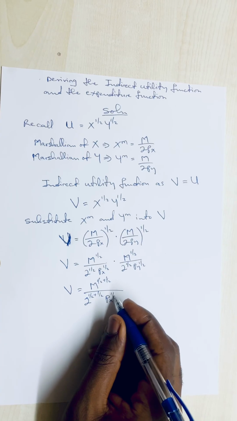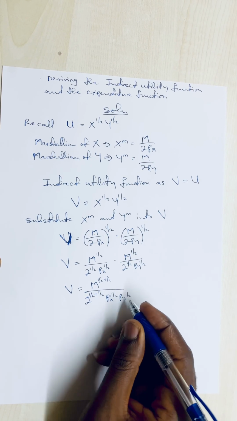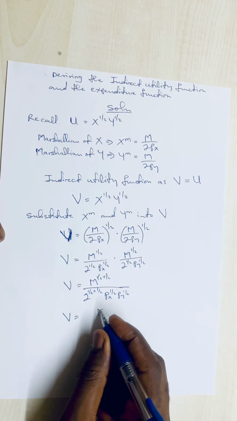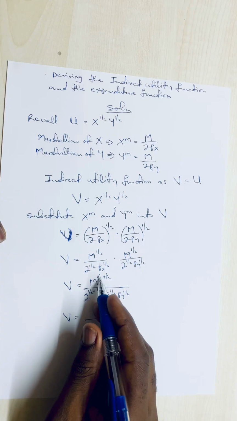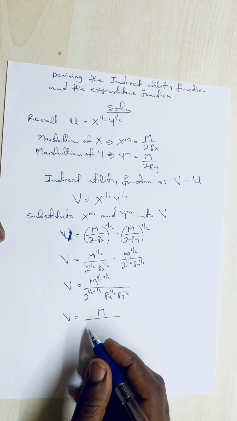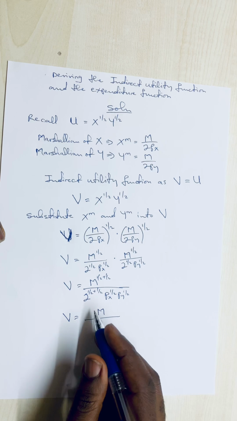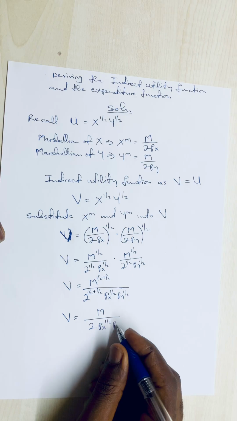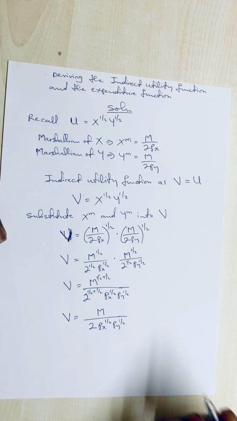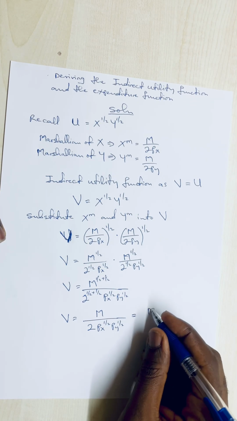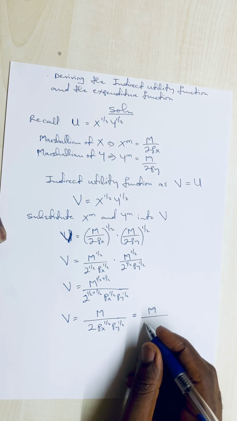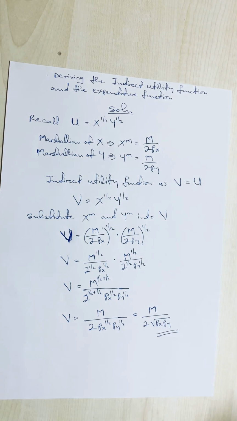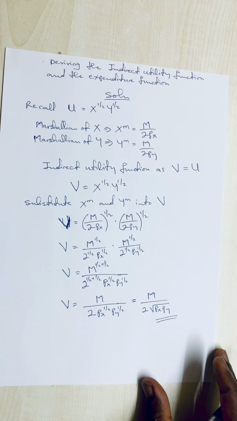So this is the same as M over, half times half is 1, so M to the 1, then 2 half plus half gives you 2, px half py half. So this could also be written as M over 2 the root of px py. So that's your indirect utility function.